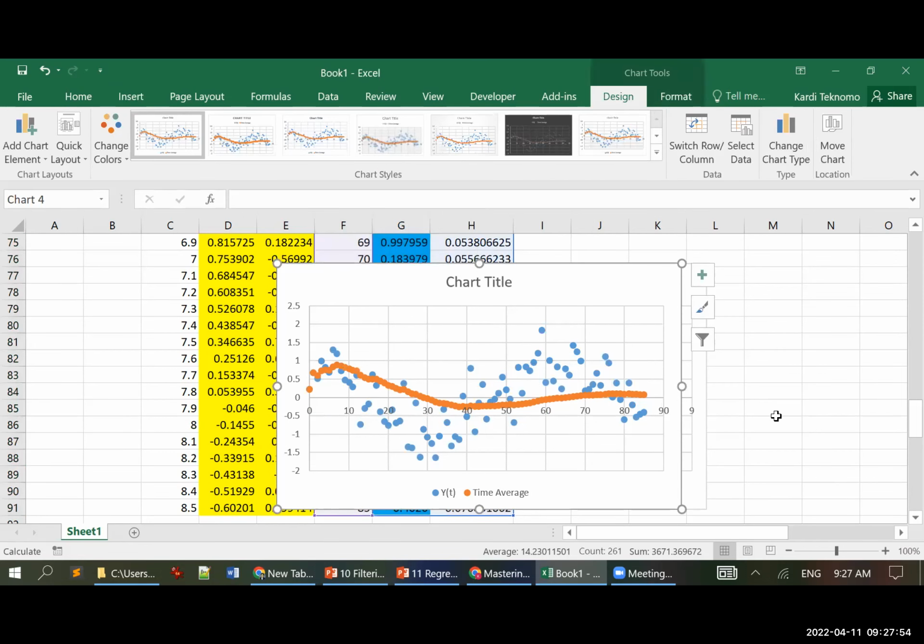Can you see? This is the data plus pattern. The time average pattern.